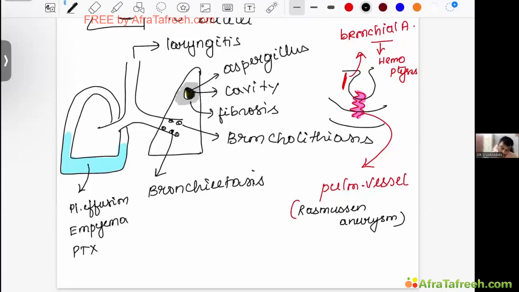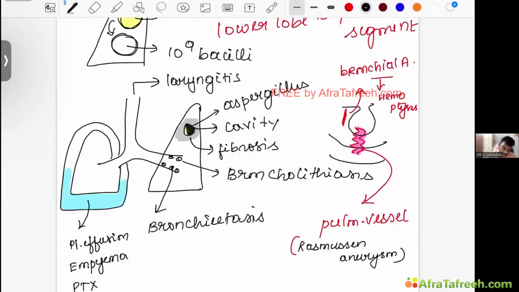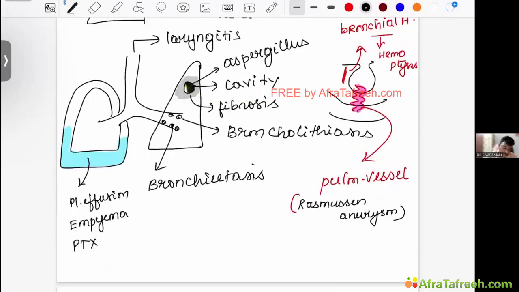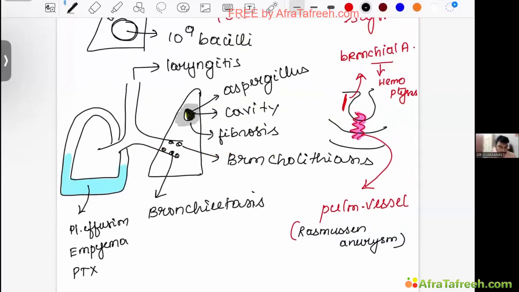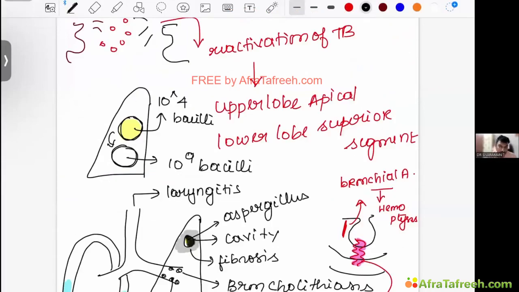So these are the complications of tuberculosis. These are the features you get to see in patients with tuberculosis, and this is the complication arising out of tuberculosis. So with this we are finishing the initial part of tuberculosis.